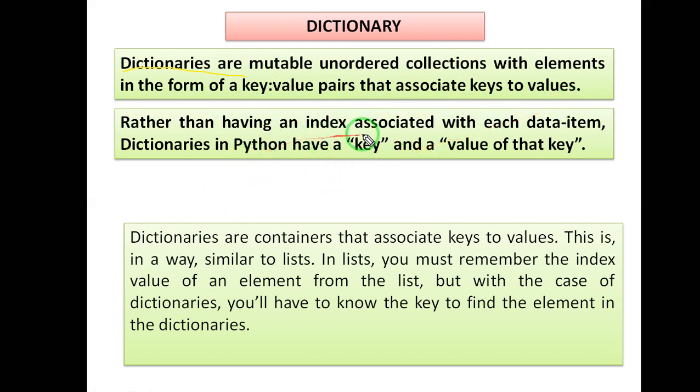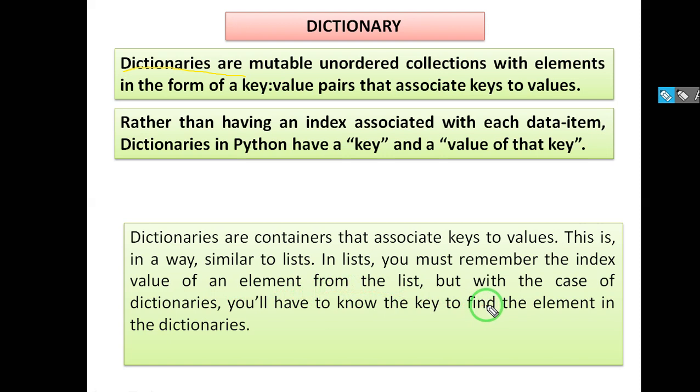So rather than having an index associated with each data item, dictionaries in Python have a key and a value of that key. A dictionary is a container that associates keys to values, which is in a way similar to a list. In a list you must remember the index value of an element.